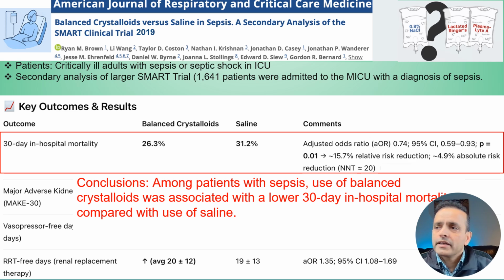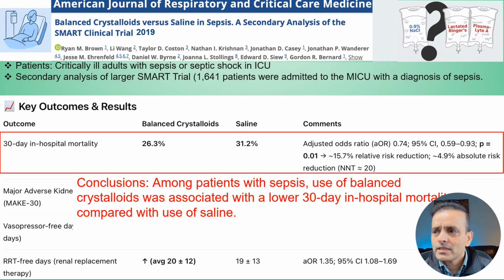So the clinical take-home message from this secondary analysis is that use of balanced crystalloid appears to reduce 30-day in-hospital mortality and adverse kidney events. As we talked about earlier, the number needed to treat was 20 to prevent one death.